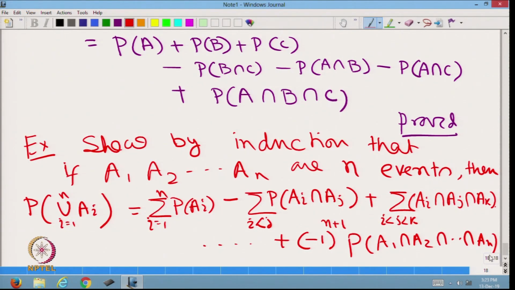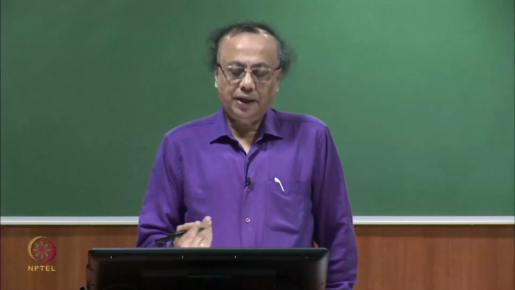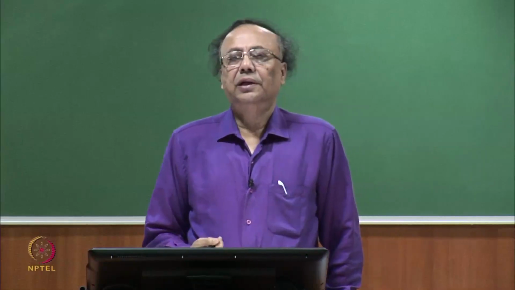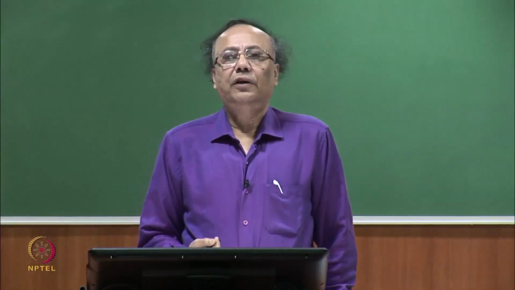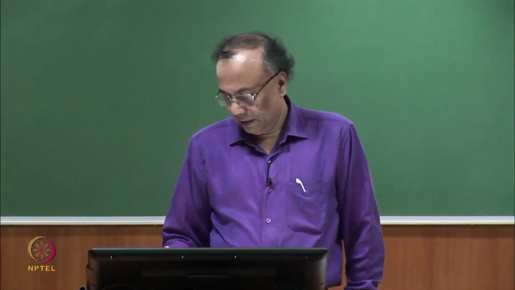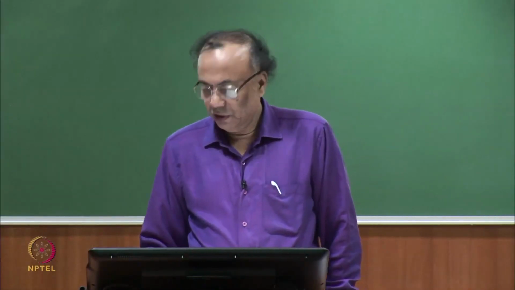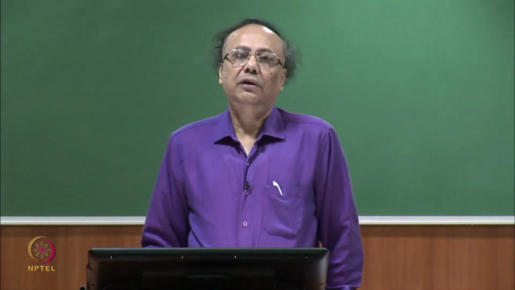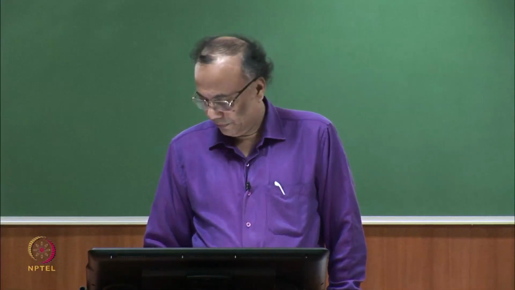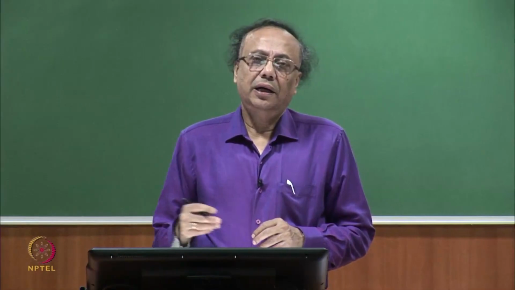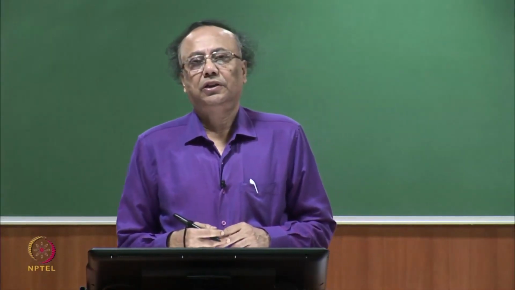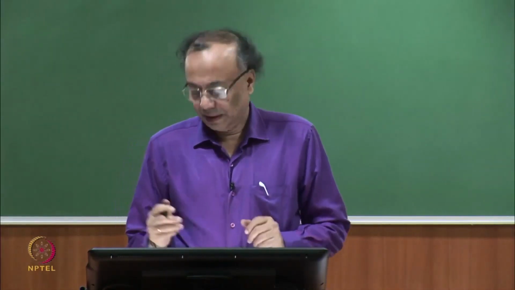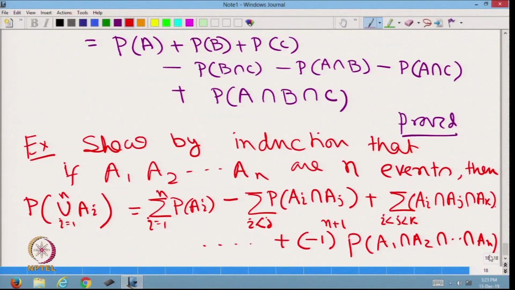Basically, the way we have introduced C and then used the distributivity of intersection over union, in a very similar approach, you will be able to prove this for n. Or in other words, you assume it for n and you show that it is true for n plus 1. Let me give you another property.